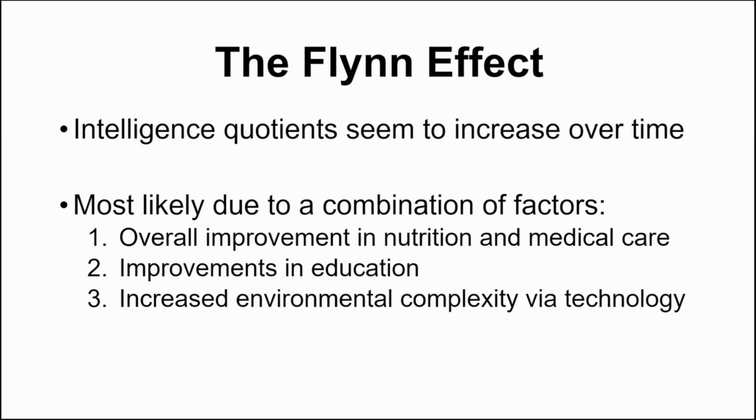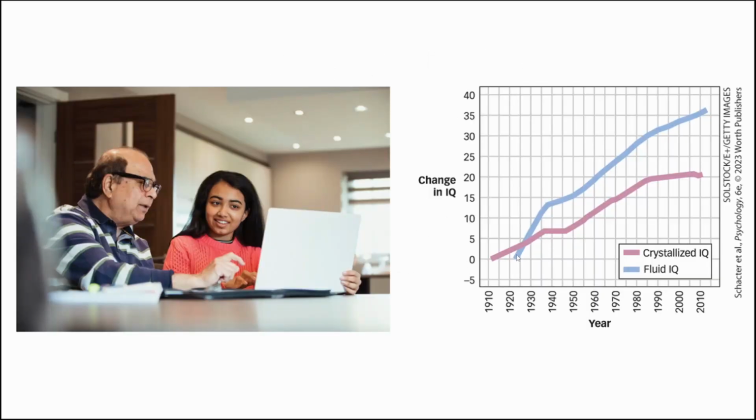James Flynn discovered this many, many years ago and started noticing that we have this upward trend. If we look at crystallized versus fluid IQ, regardless of the type, we're still seeing this upward trending. From, say, 1910 all the way up to 2010, over the course of 100 years, we're seeing a 20-point change in the average IQ for our population.